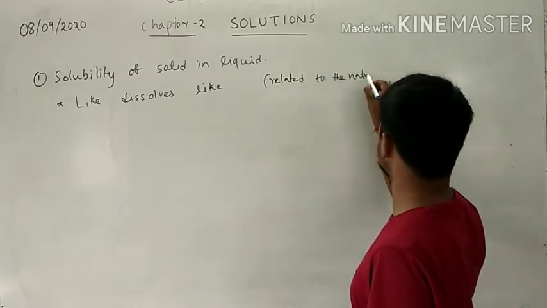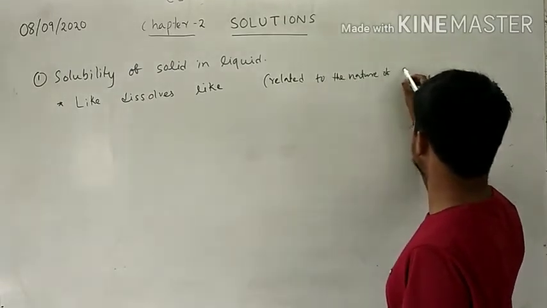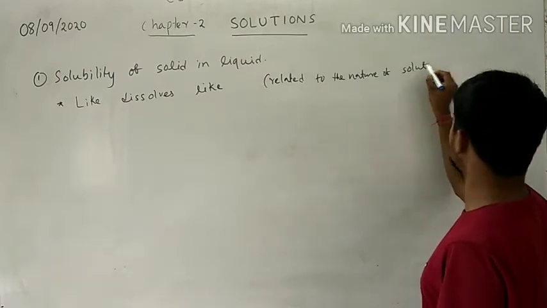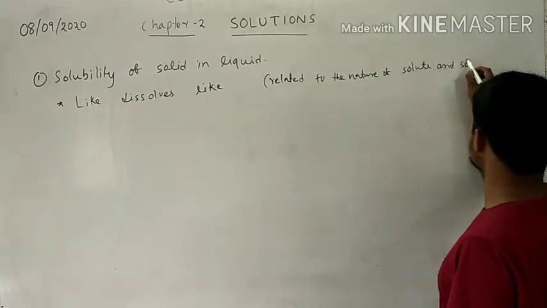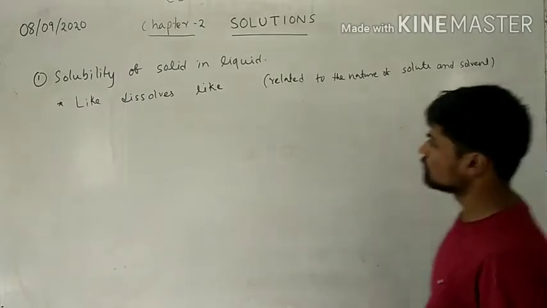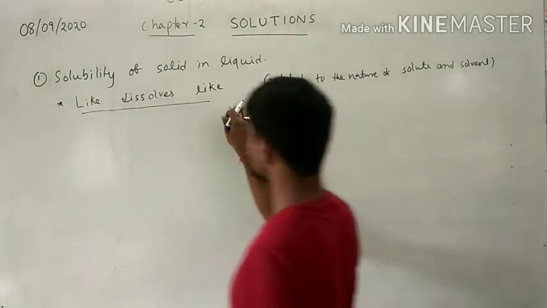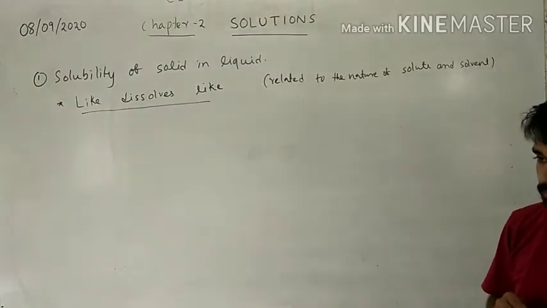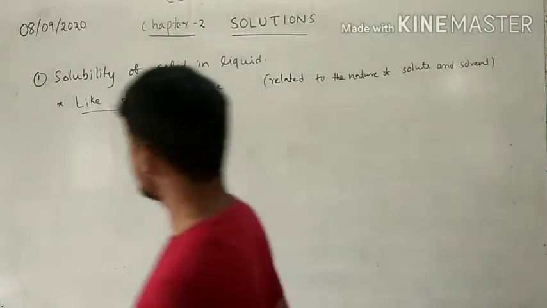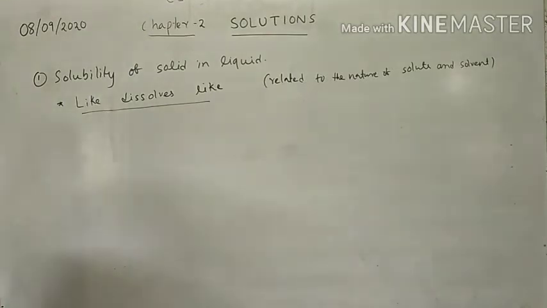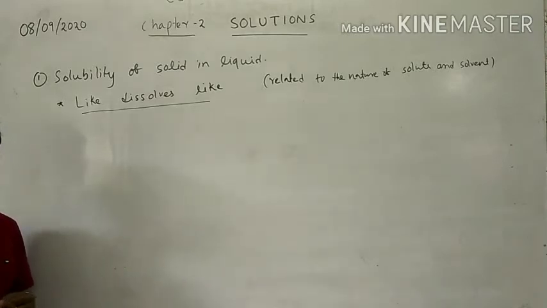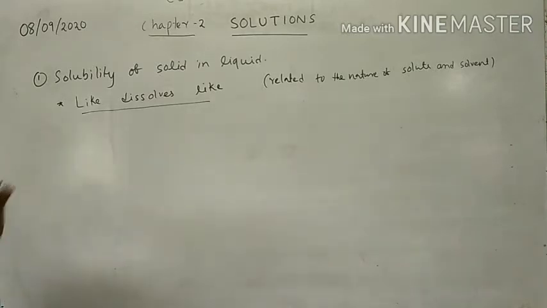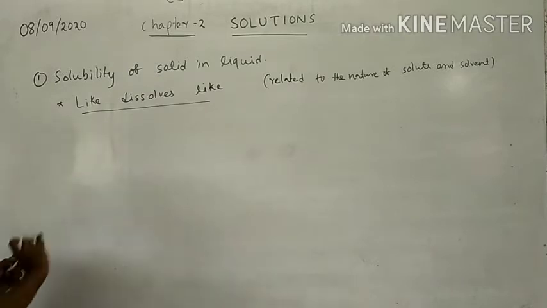This saying is directly related to solute and solvent. So, if the solute is polar in nature, then it dissolves in polar solvent. Let us see with the help of an example.